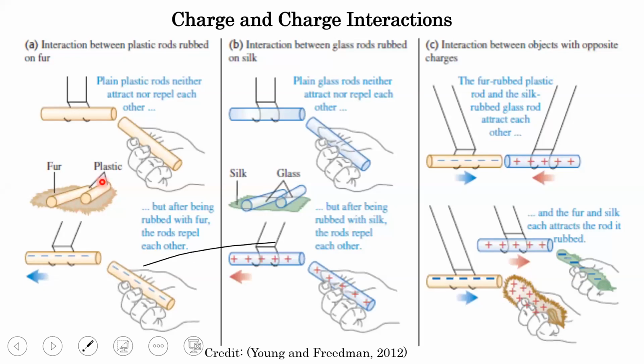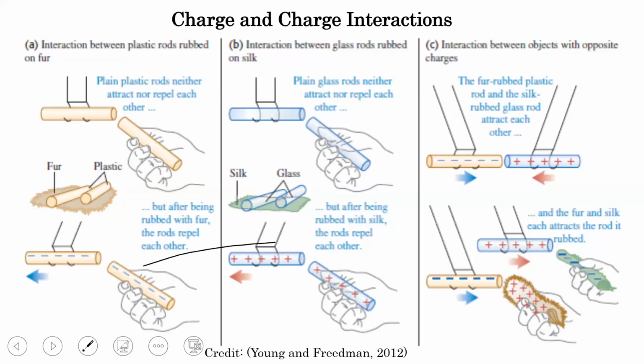And what that means is that the plastic rods will now be negatively charged because the electrons have been transferred to them. They now have more electrons than they had before. Their protons are still intact.